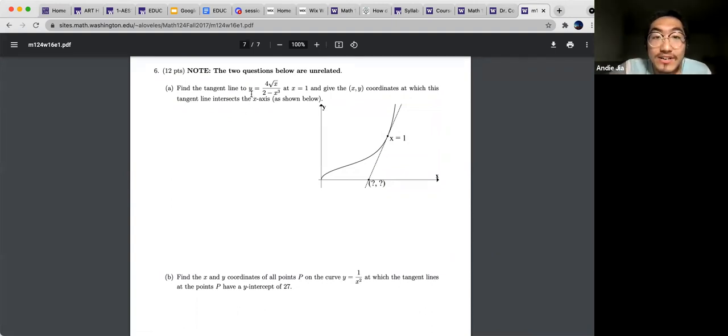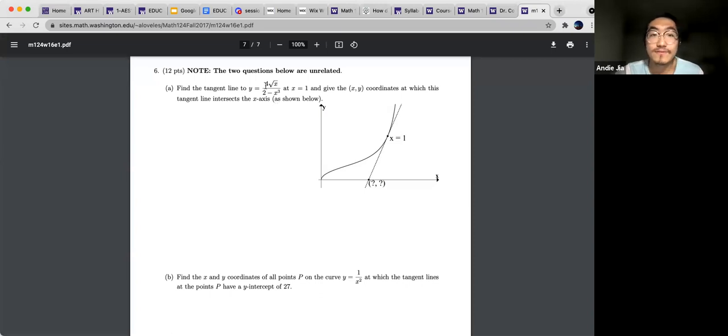Here's a tangent line to this function at x equal to 1, and you need to find the x-intercept of this tangent line. The first step is to find the equation of the tangent line at x equal to 1, which means finding the slope there.